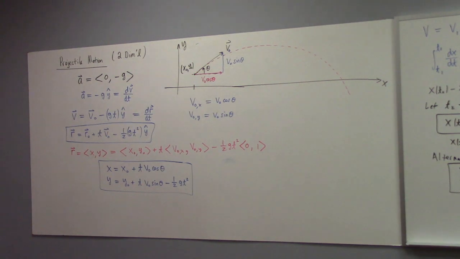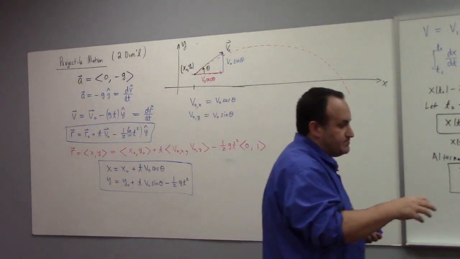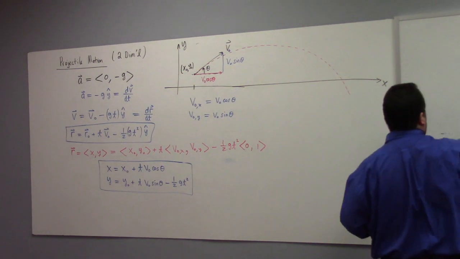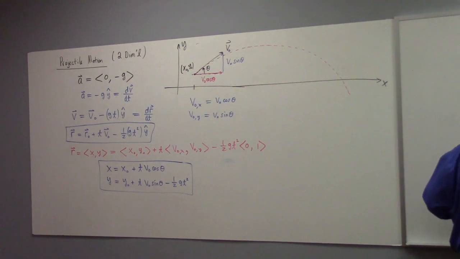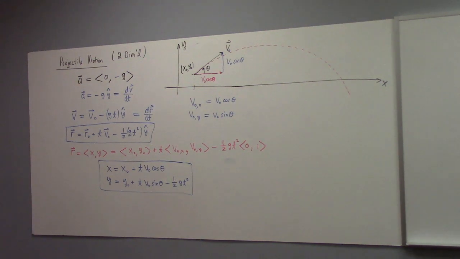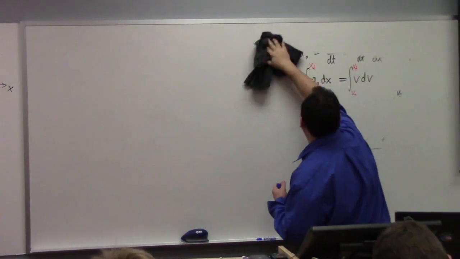So we can ask interesting questions, right? Like, what's the max height that you get to? Can you guys tell, how would we figure out the max height? What's that?